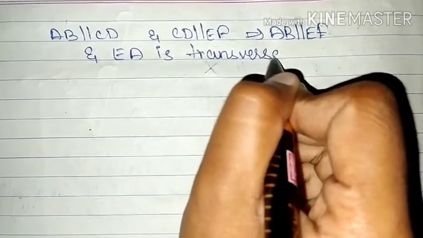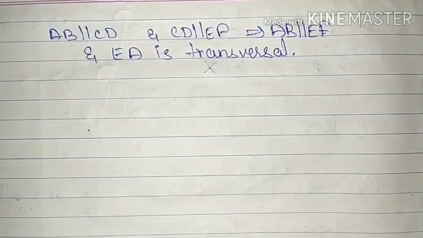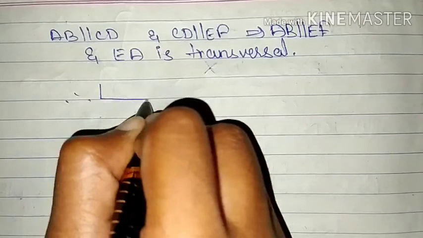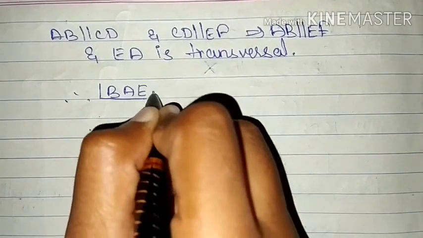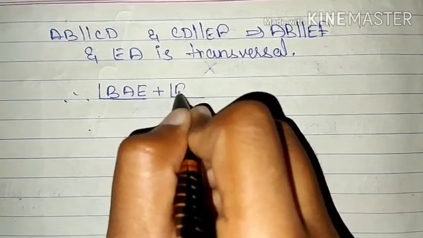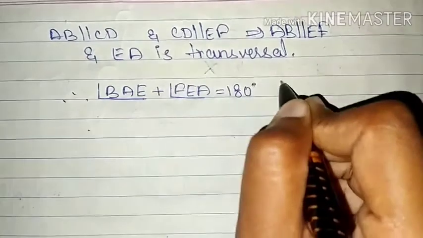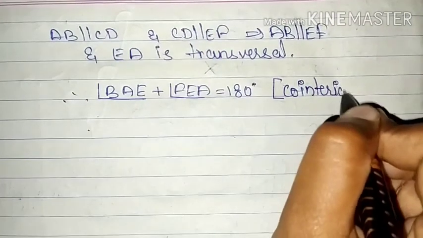If you look at the figure, you will find that EA is the transversal for the lines AB and EF, which are parallel to one another. Therefore, from the figure, I can write angle BAE plus angle FEA is equal to 180 degrees because they are co-interior angles.